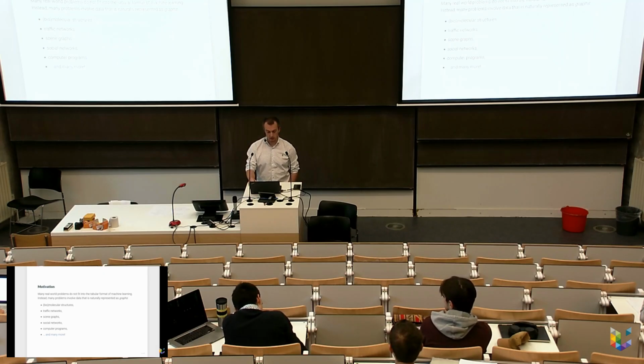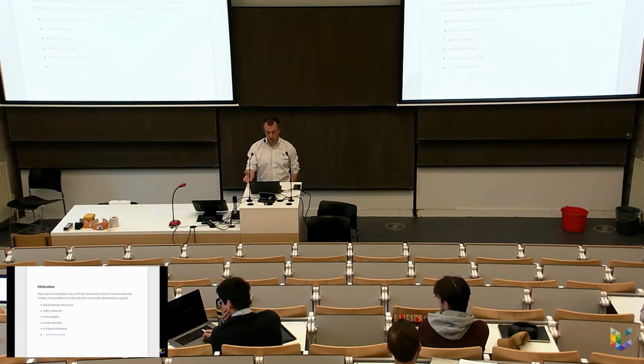Okay, so for example, that would be the case if you want to build a machine learning model to process molecular structures. You would have, for example, a number of atoms that are connected to one another, and you want to classify, for example, the molecular structures that they represent. And of course, what is a bit difficult if you were to use the regular tabular format representation is that molecules differ in the number of components.